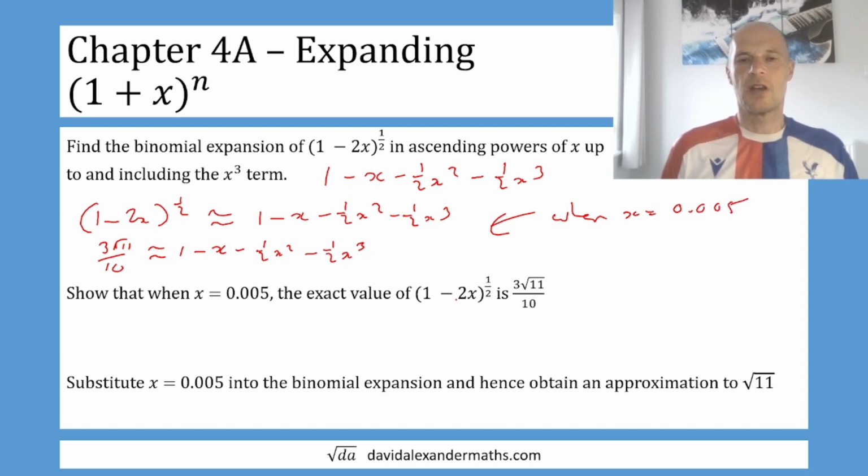Okay, now if we want an approximation for root 11, we are going to have to fiddle this, because I can't substitute 0.005 into this equation, because that will give me 3 root 11 over 10, and we want an approximation for root 11. So what I need to do is multiply this through by 10 and then divide through by 3.